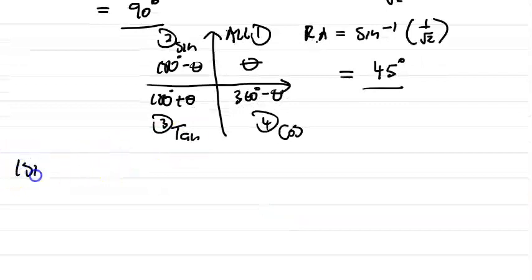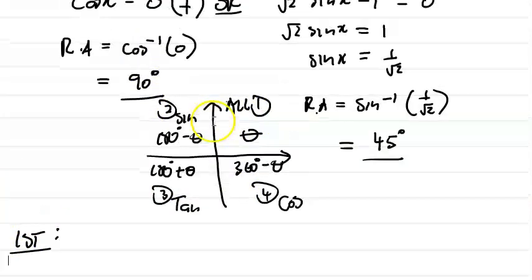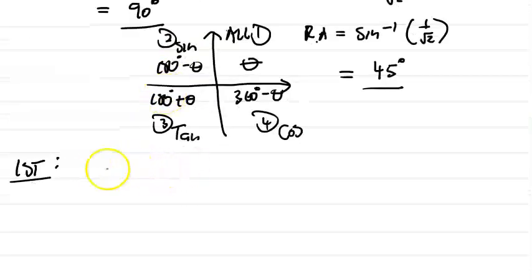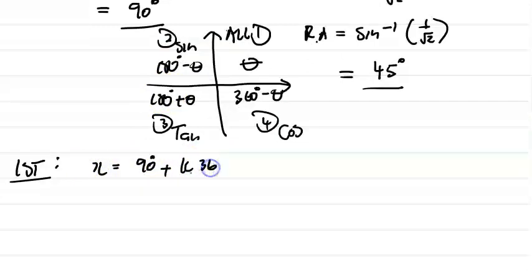We can write down the first quadrant first. Your reference angle is 90. So you have to say x equals 90 degrees plus k times 360 degrees. Let me explain this very quickly. Why do you say k times 360?